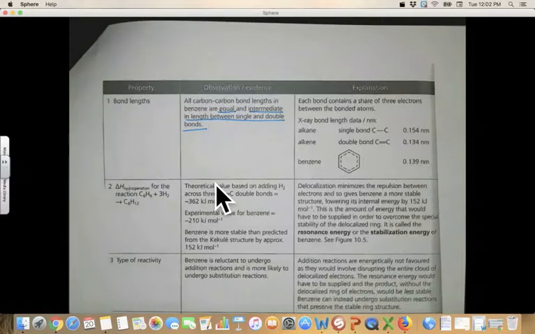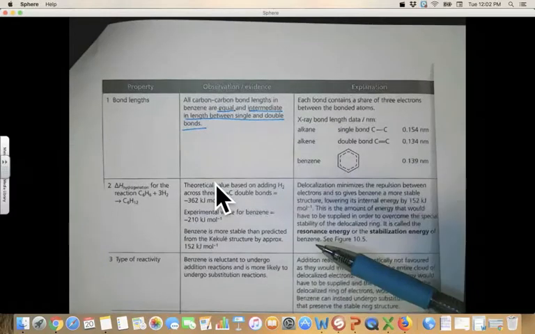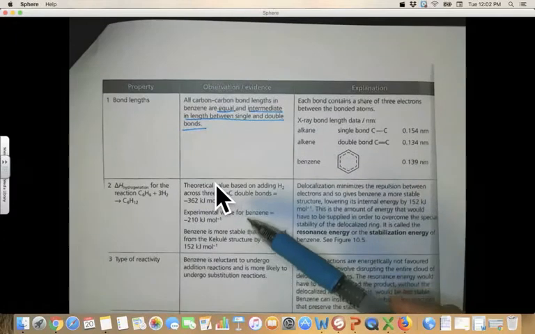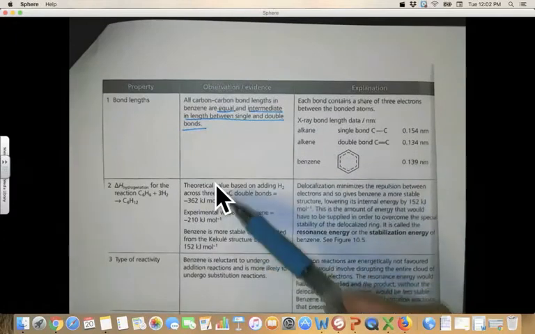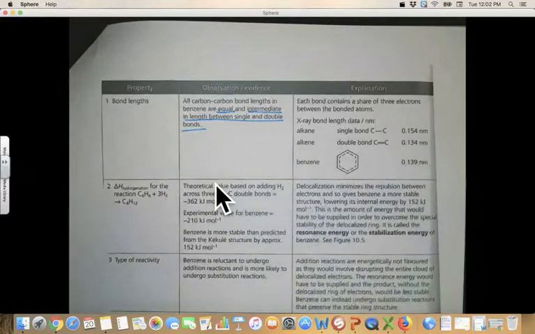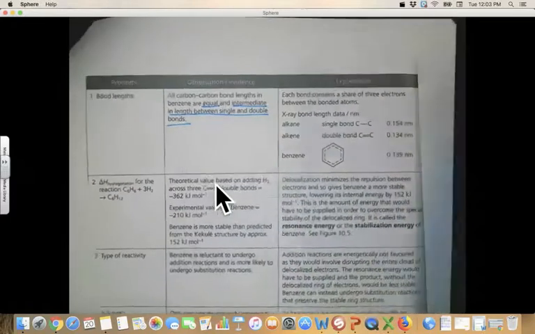Also, if we were to fully hydrogenate benzene, we get a value that's much less exothermic than we would think it is, meaning that benzene is more stable than expected.